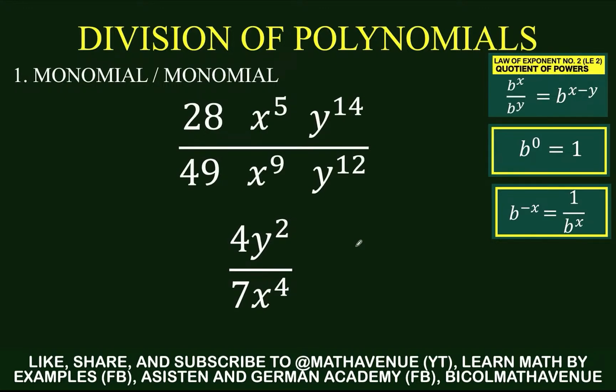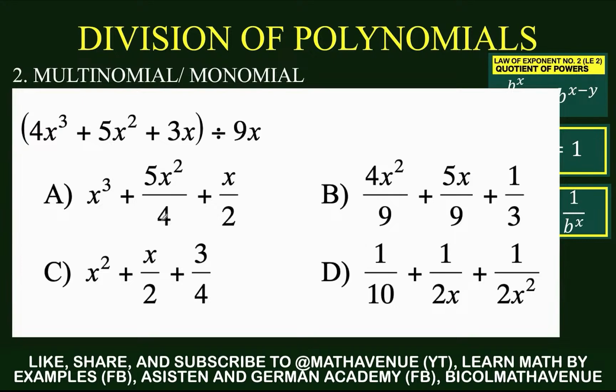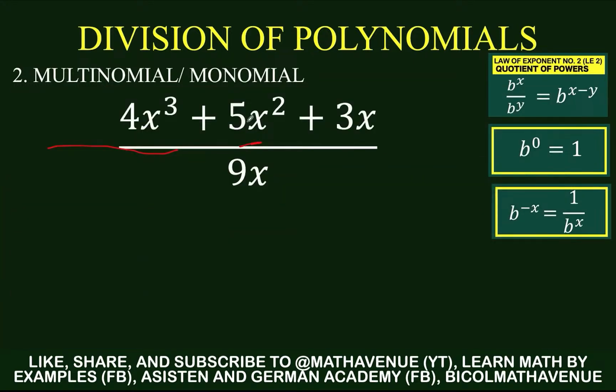Now let's take a case when we have a monomial divisor and a multinomial numerator. So let's say we have 4x to the 3rd plus 5x squared plus 3x all divided by 9x. So the numerator is a multinomial and the denominator here is a monomial. So how do we find the answer to this problem?